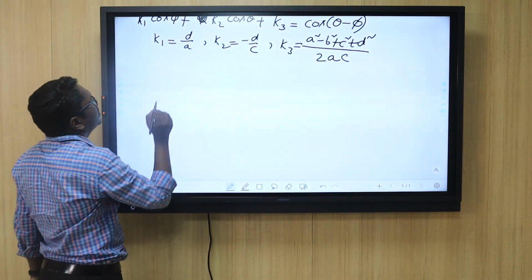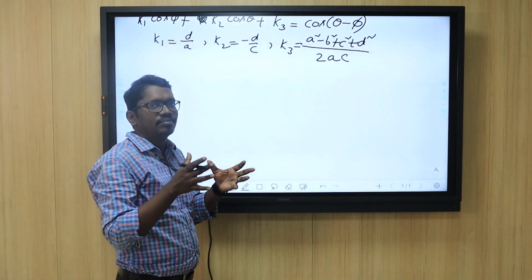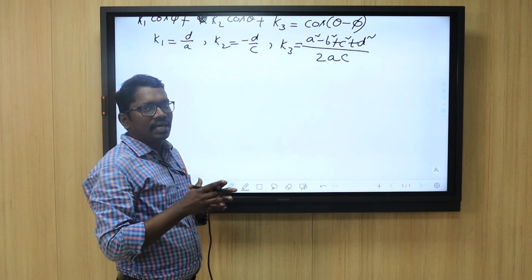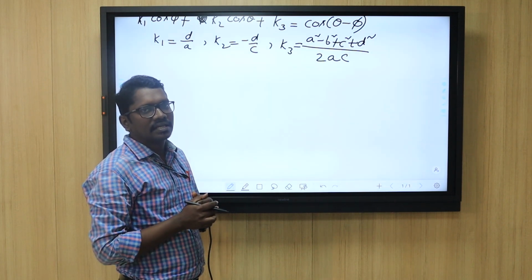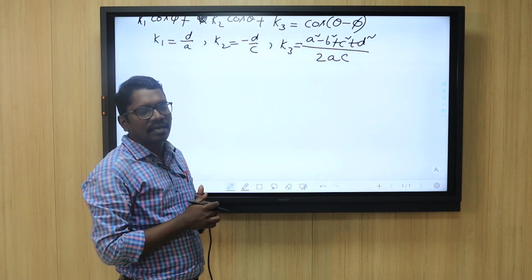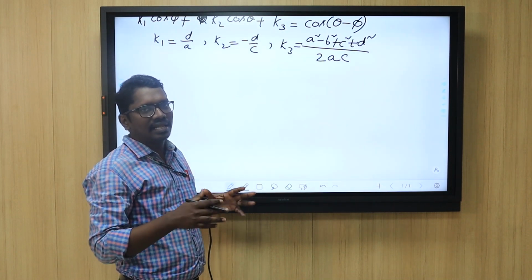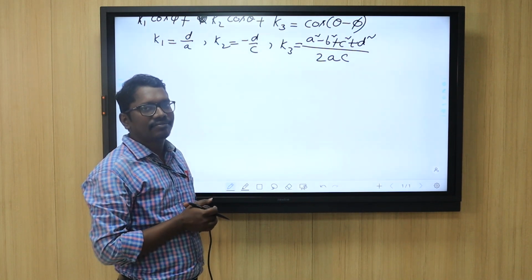In order to find all these constants, we have to consider the input link motion parameters and the output motion parameters. For this 4-bar mechanism, we consider the input link angle as theta and the output link angle as phi.